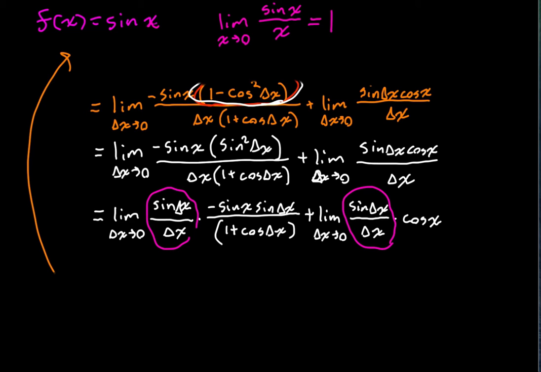Well, I'm going to use the rules that we've learned about limits to separate this out one more time. When we have the limit of one thing times another thing, that's the same as the multiplication of the limits of those two things.